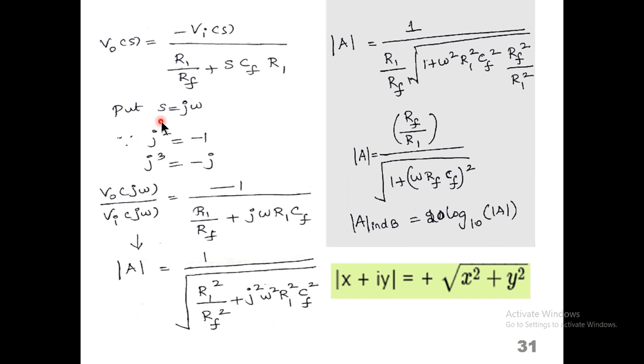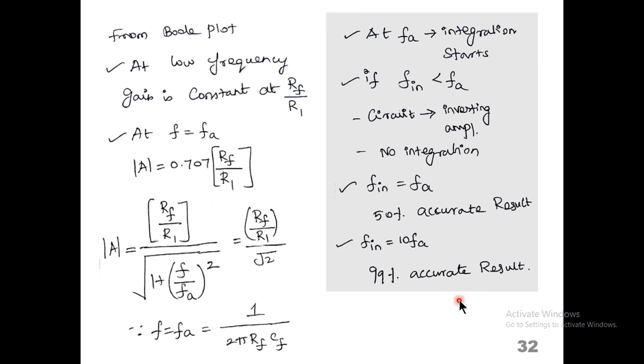Putting S equal to j omega and doing some simple mathematical analysis and approximation, finally we get modulus A equal to RF by R1 divided by root of 1 plus the square of omega RF CF. So at f equal to Fa, modulus A is 0.707 into RF by R1, that is RF by R1 divided by root 2.